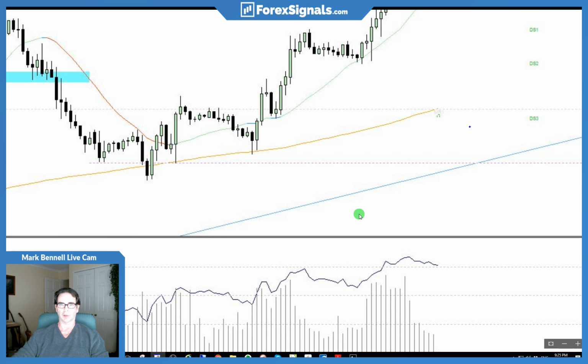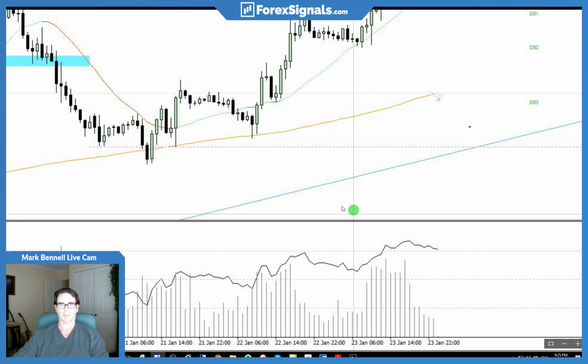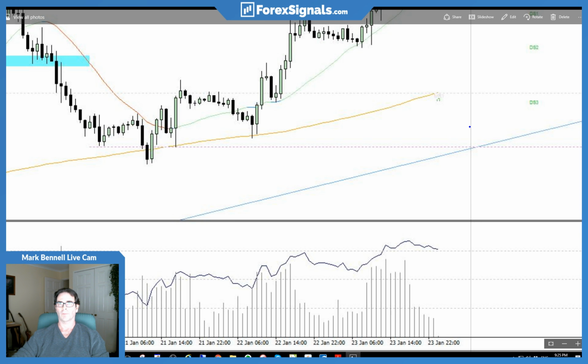Let's have a look at the volume. First candle. Here. 1, 2, 3 inside. Here, here, here. Fourth candle.